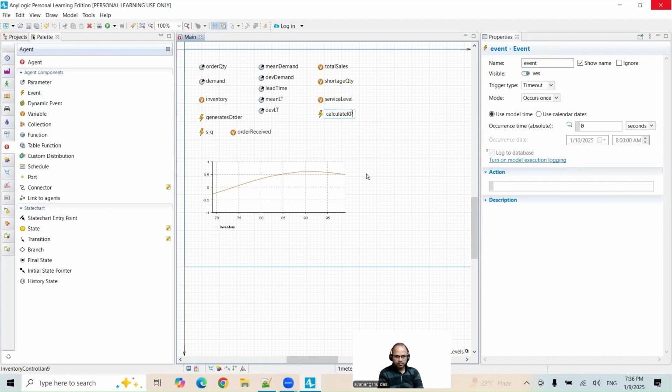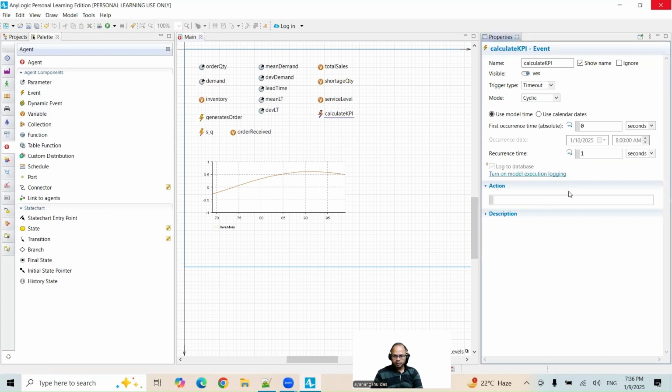We'll name the event calculate KPI, and it will be cyclic, so it will run for these many seconds. We will say that if inventory is less than 0, then the shortage quantity would be declared in this way.